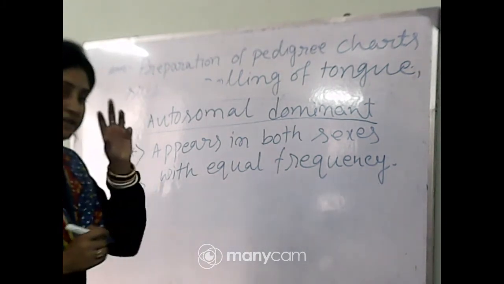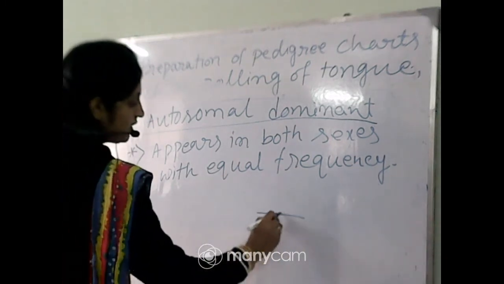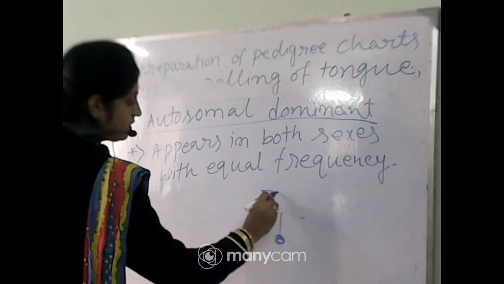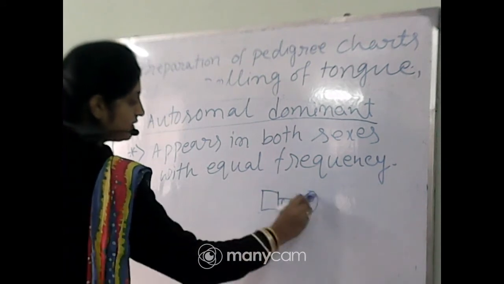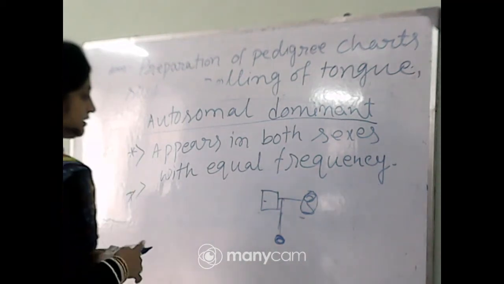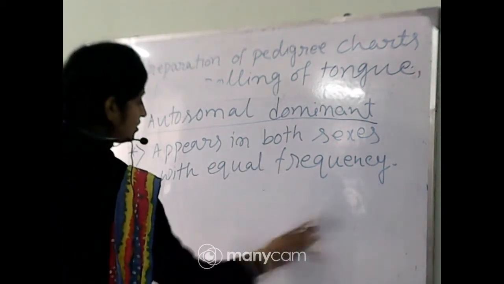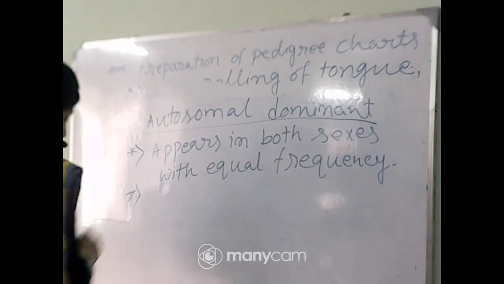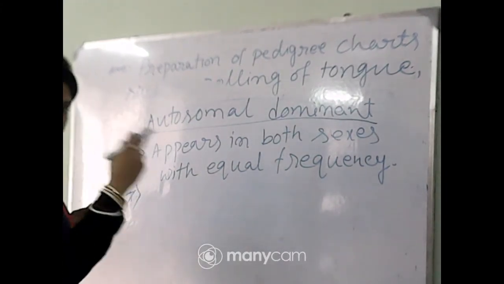If any affected children are present, there must be an affected parent present, either male or female, at least one parent must be affected. Okay, this is the characteristic: when you see the pedigree chart and children are affected, first you check whether the parents are affected or not.